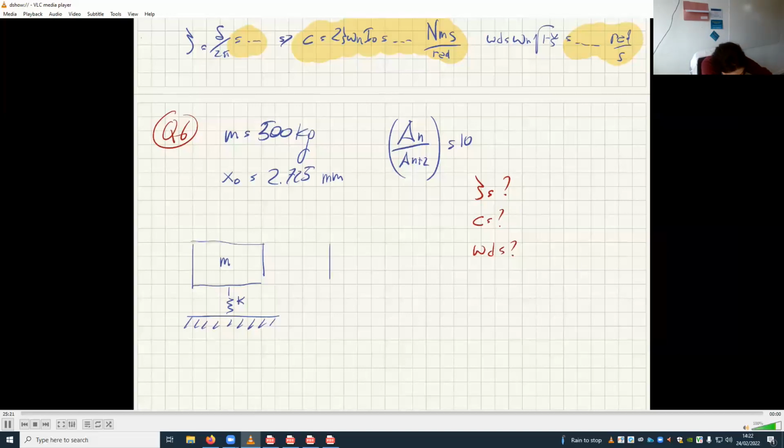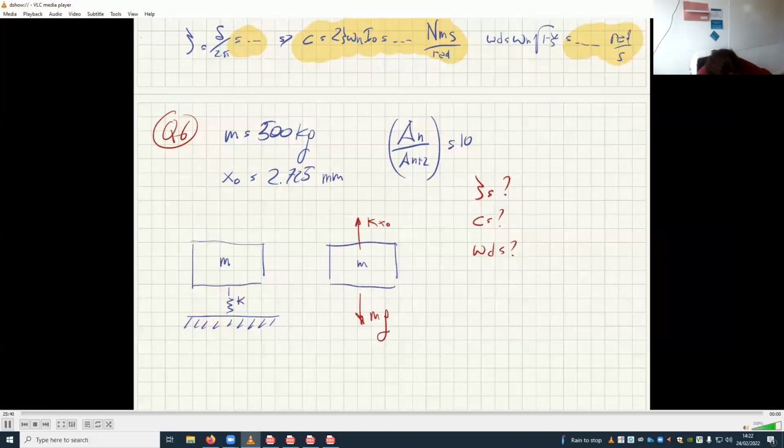So this is M, and this is the gravitational force mg, this is kx0, and I'm saying that these two forces are balanced.